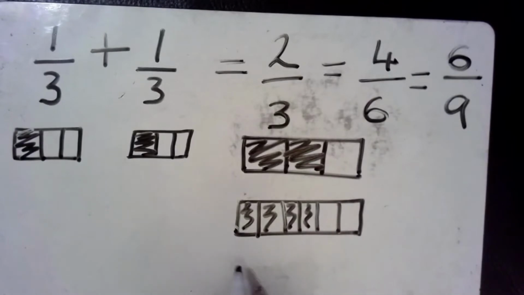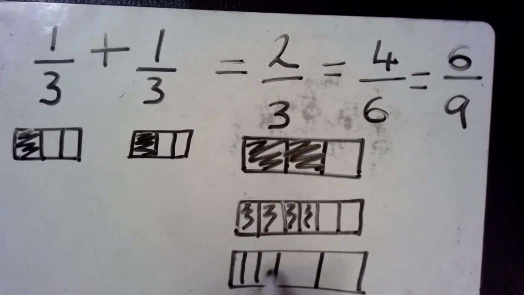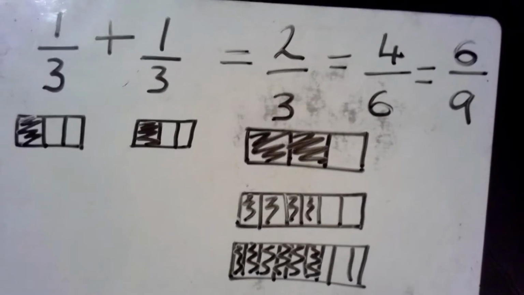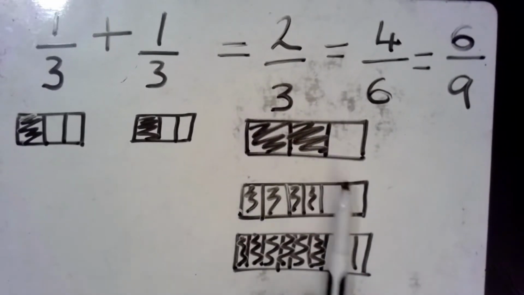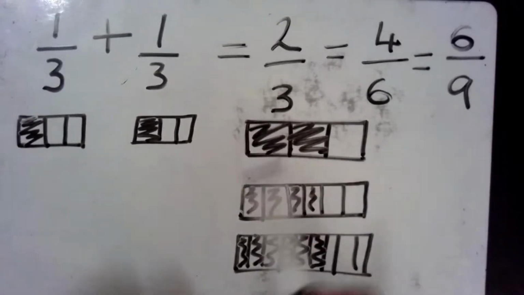And again, drawing it out always helps. There's a whole divided into 9 equal parts, and I've got 1, 2, 3, 4, 5, 6 of those equal parts. Even with my badly drawn whiteboard, we can see they are the same amount.